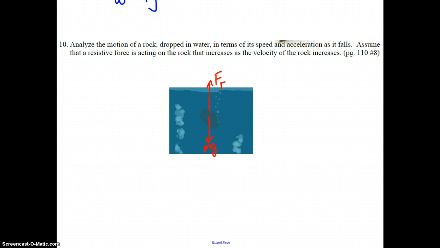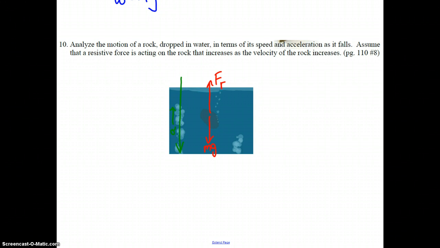So if we were to draw a motion arrow, which obviously the motion is down, it's falling, what we would say about that is that the rock starts out accelerating, but then moves at some point where the resistive force becomes equal to the weight of the object.